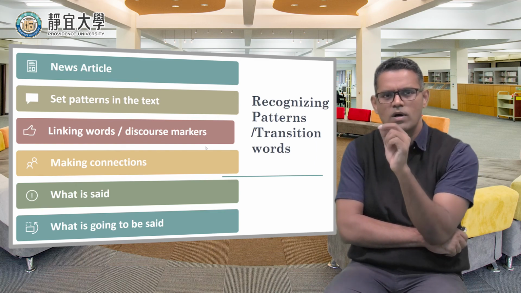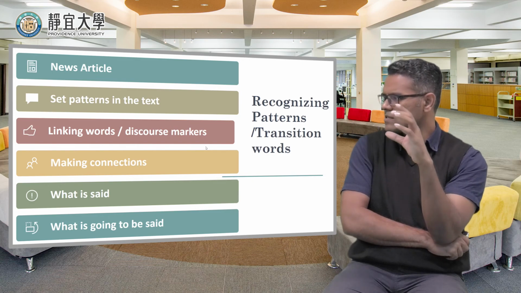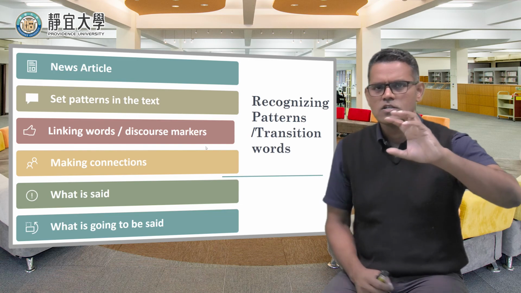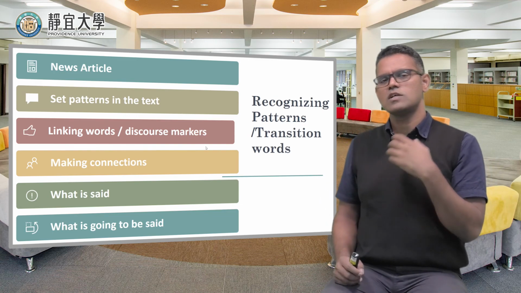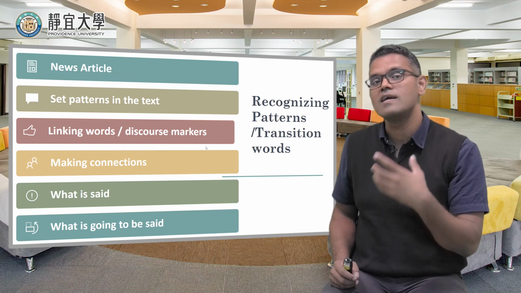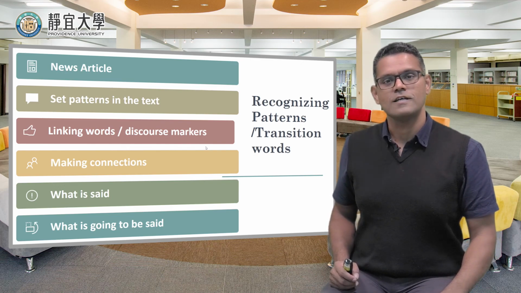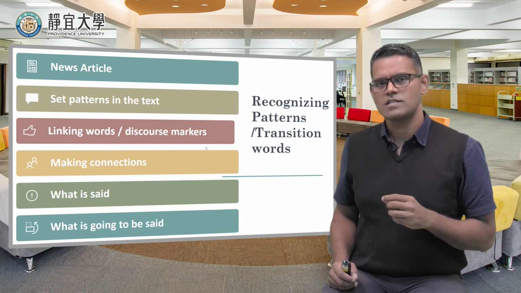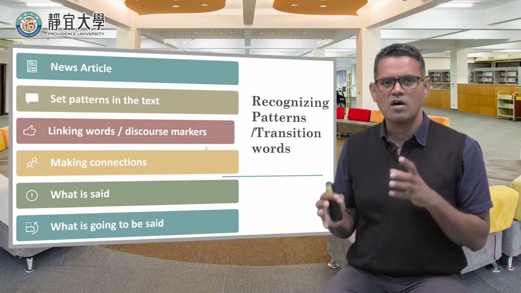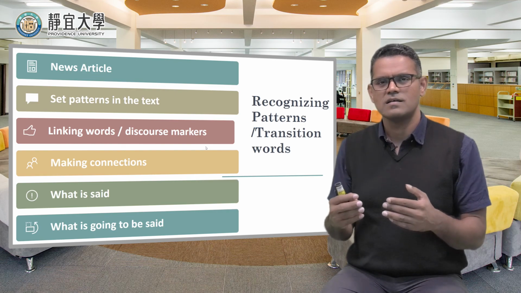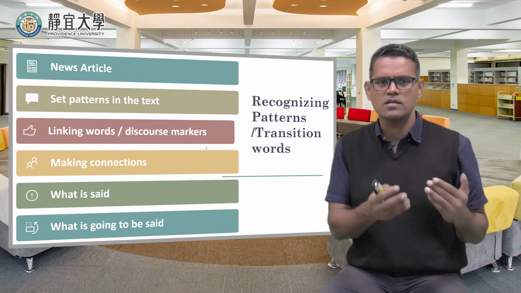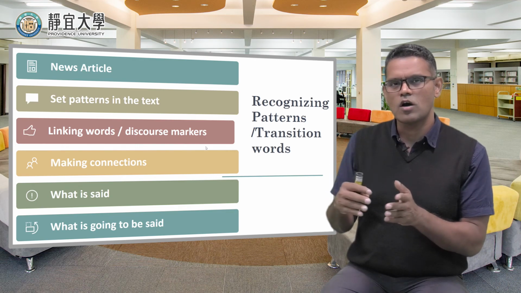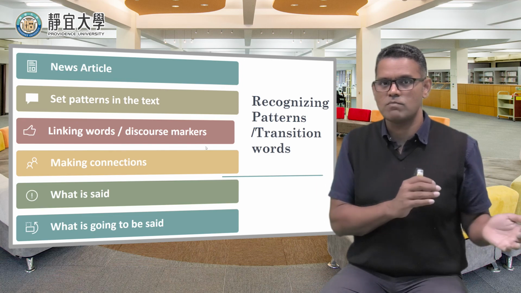So a news article is number one, and number two, set patterns in the text. So we have this kind of patterns, right? Try to understand these patterns so that you can also know the ideas behind the sentences. Transitions would give you ideas, like for example, whether they compare, contrast, or they add a point to the point that they have previously said, or they're going to say something opposite to the point that they have mentioned before.